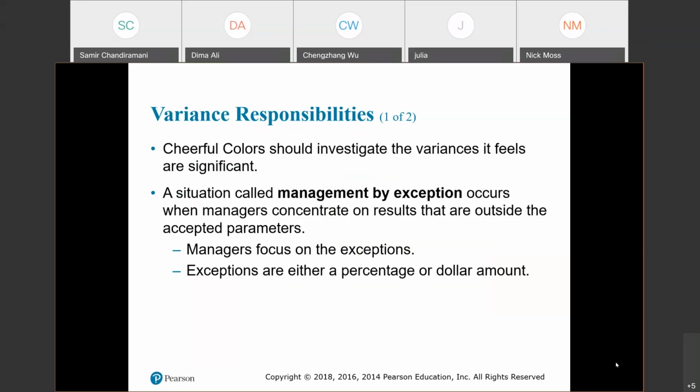Variances can be expressed as a percentage of a budgeted amount or a dollar amount. Many companies use a combination of percentage and dollar amounts. For example, the company may investigate any variances greater or less than 10% of budgeted amounts, or $10,000 more or less.